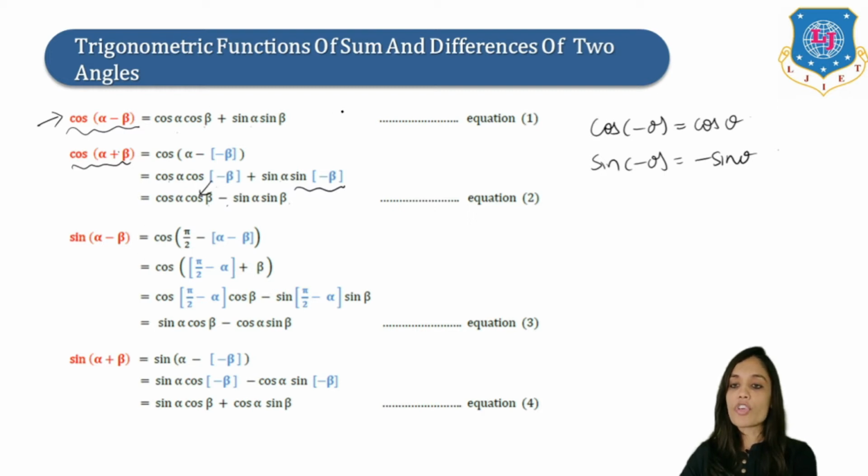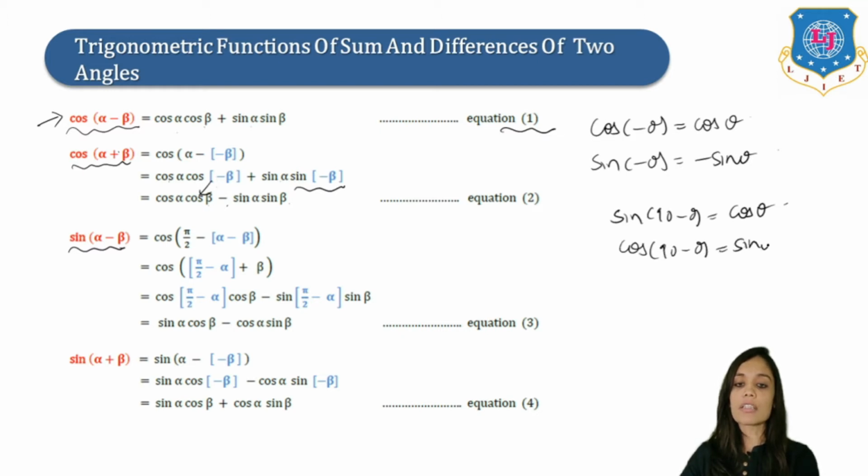Now using this first formula only, let us find the formula of sin(alpha minus beta). So we know that sin(90 minus theta) is cos theta, and cos(90 minus theta) is sin theta. Fine.